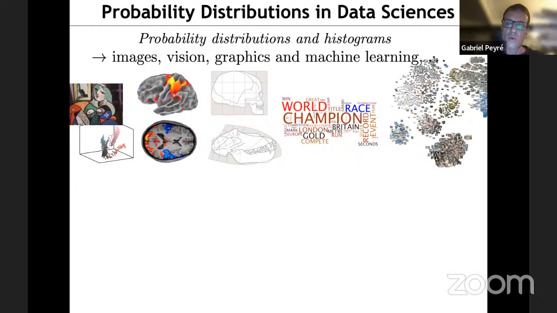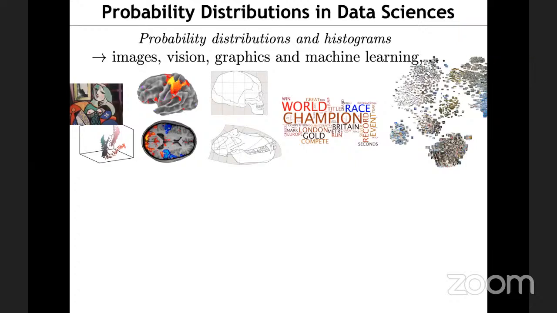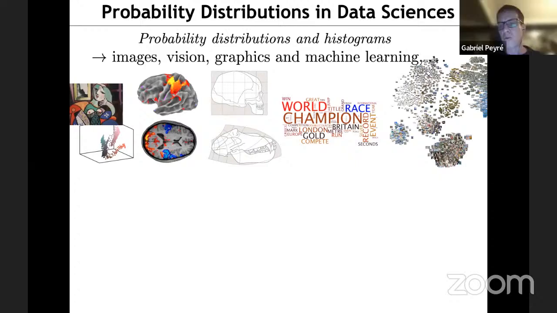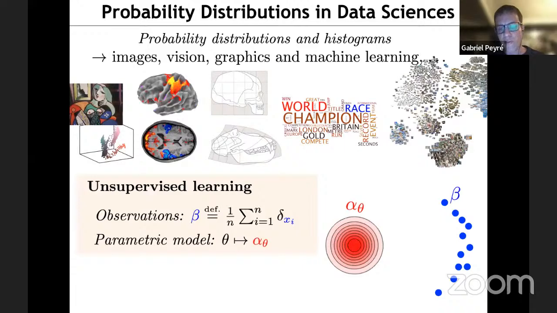And on the right would be mostly unsupervised learning or representation learning, where you want to learn a model of a high dimensional probability distribution of images, for instance, in order to do a resynthesis of images or to then do downstream tasks where you would fine-tune some networks that you have trained to model this huge collection. Typically, you would frame this as an optimization problem where you have some parametric model, alpha, that depends on the parameter theta.